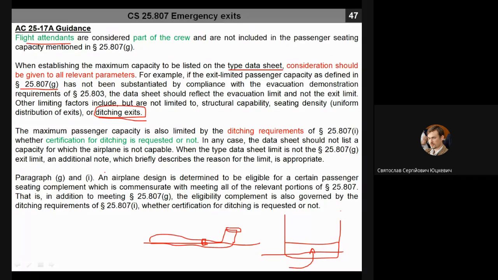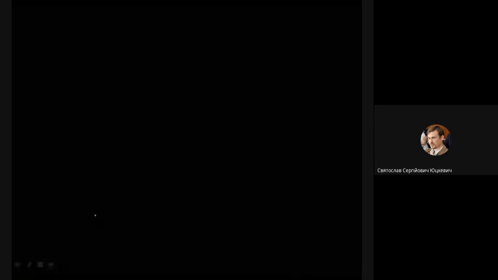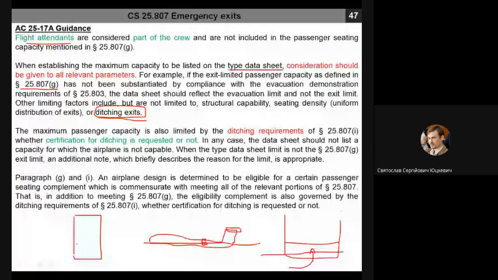On some airplanes, as an example, it could be an emergency exit that has two separate parts. The door could be opened totally on land, and only the upper part if it is ditching on the water.